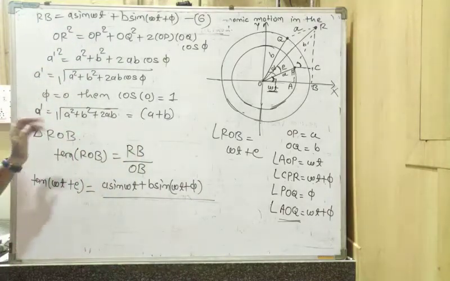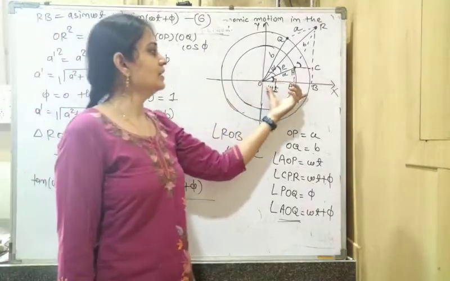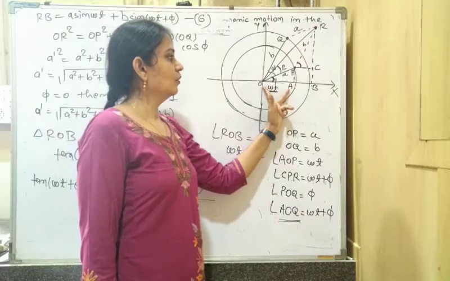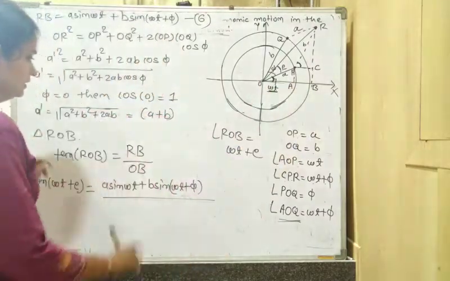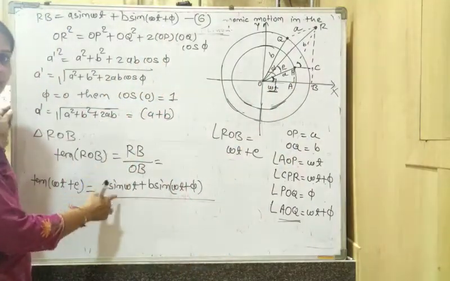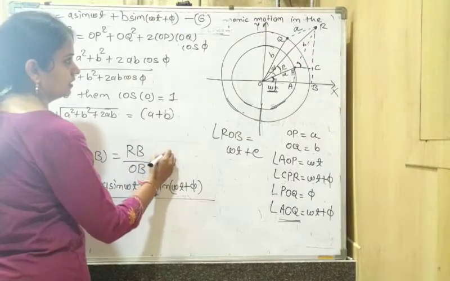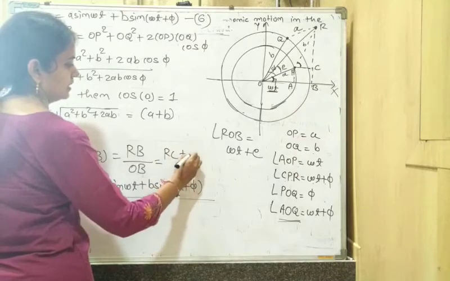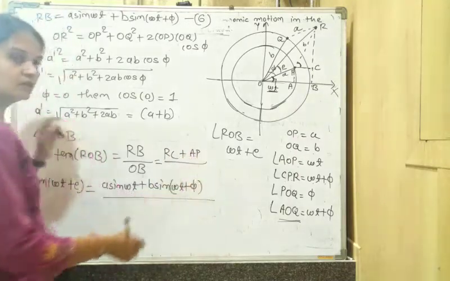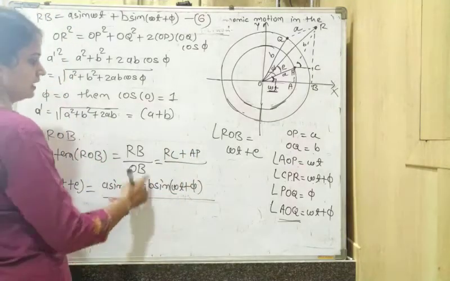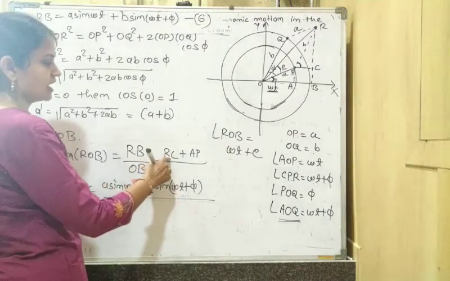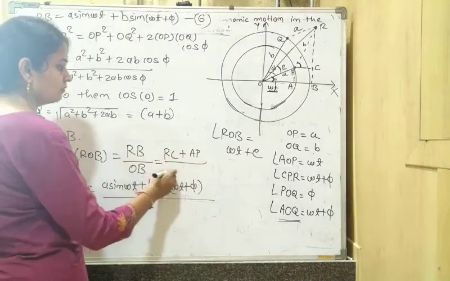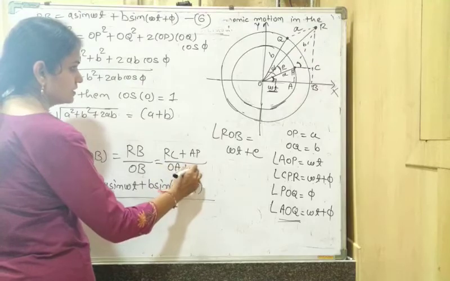Now what is the value of OB? OB is OA plus AB. If you want to simplify this, then you can write RB is RC plus AP. We already wrote an equation of RB, that is RC plus AP. Now for OB, it is OA plus AB.